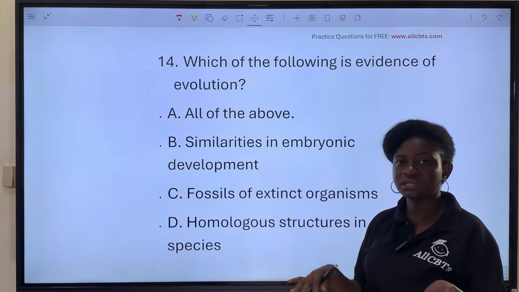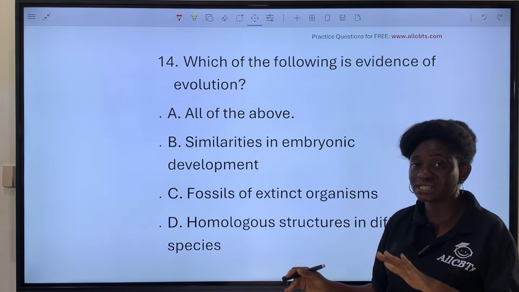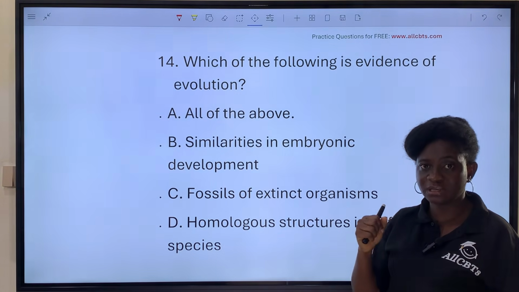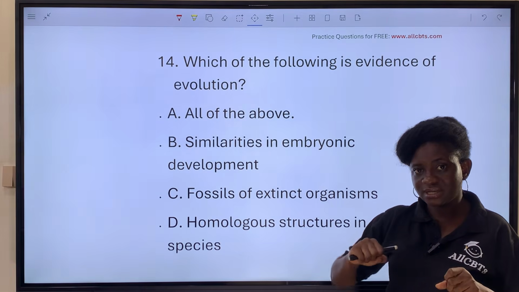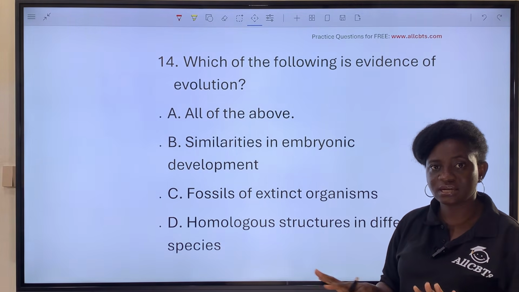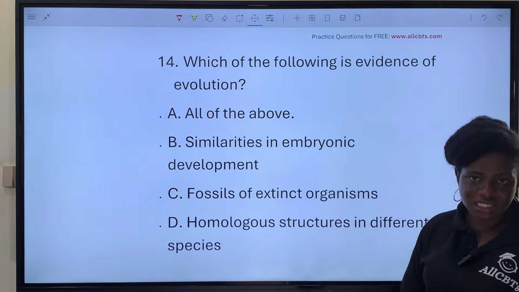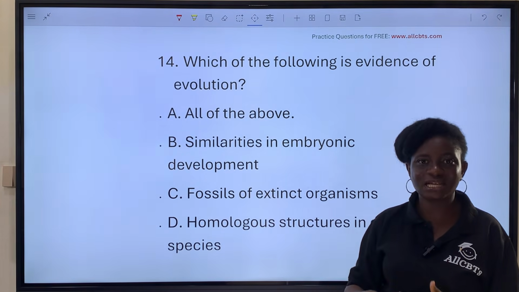Option D, hibernation through winter months. So let's go back to the question again. Which of the following is an example of adaptation? Adaptation means the ability to survive harsh conditions or changes that could naturally kill an organism.